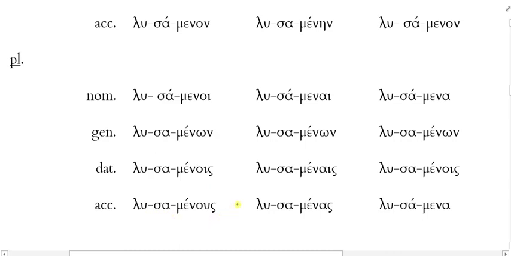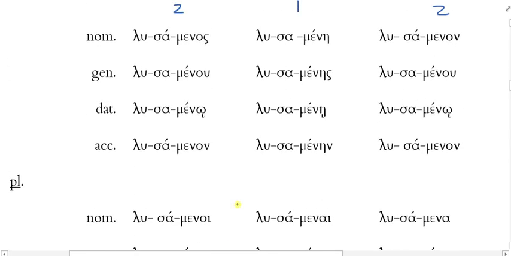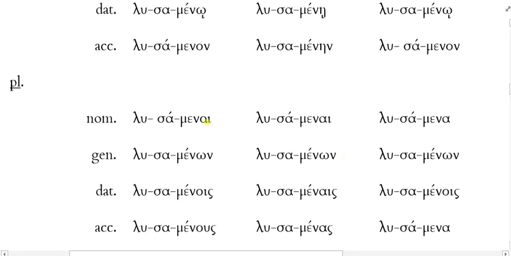lusamenos. Feminine forms, lusamene, lusamenes, lusamene, lusamenein. And then plural forms, lusamenai, lusamenon, lusamenais, and lusamenas.